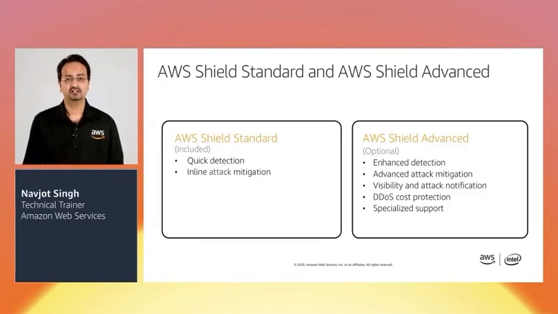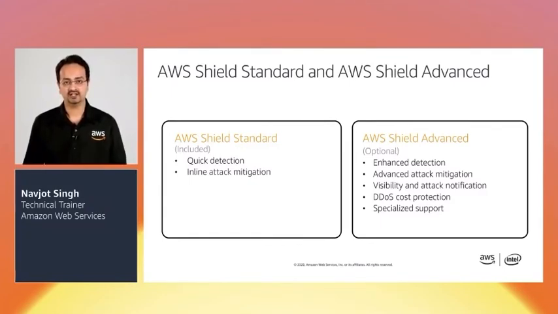As mentioned, AWS Shield Standard is a free service that protects all customers who are using services like ELB, CloudFront, and API Gateway. With Shield Advanced, there is a cost associated, but there are a number of benefits to customers, such as specialized support from a dedicated DDoS response team and cost protection.